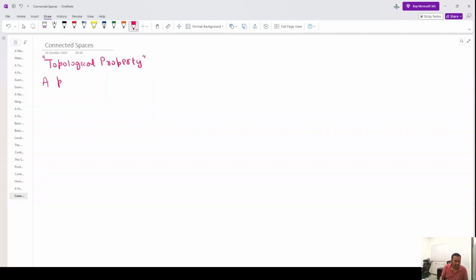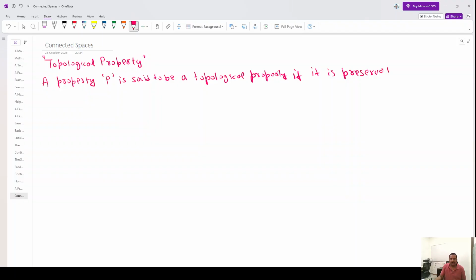A property P is said to be a topological property if it is preserved under homeomorphisms.